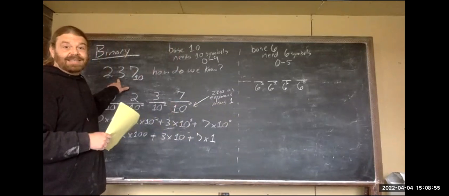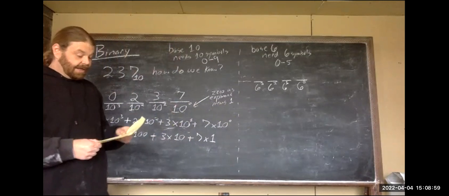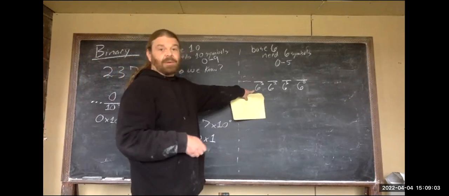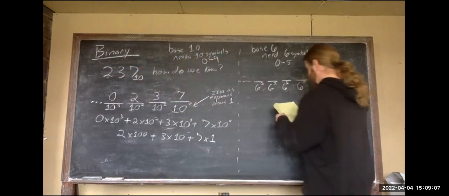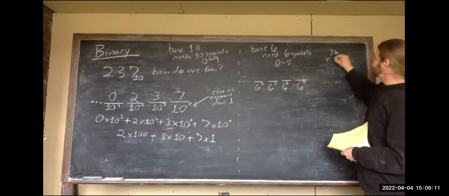So let's represent this number, 237 in base 10, as base 6. We need to know how many 6 cubes we have. 6 cubed is 36 times 6.